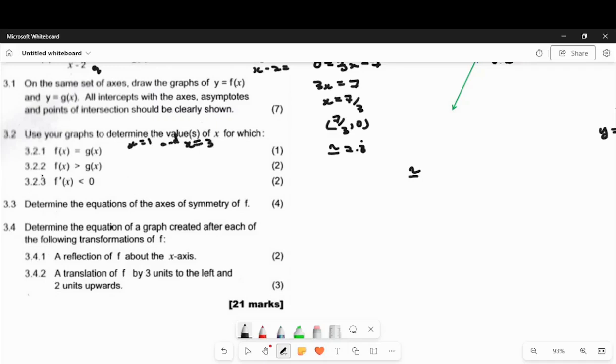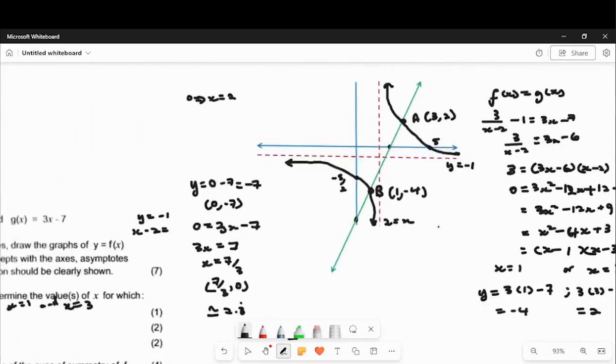And then part 3.2.2, where f of x is greater than g of x. So we need to use our functions where f of x is greater than g of x. So our f of x is the hyperbola, right? So we need to view where our hyperbola is above the function g of x. So I will just highlight my function f where it's greater.